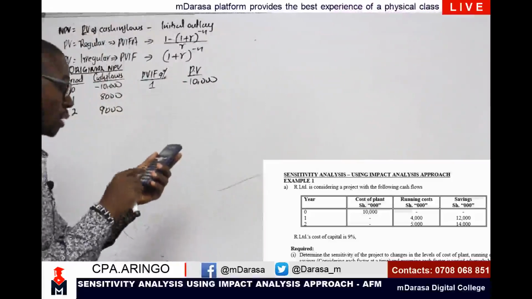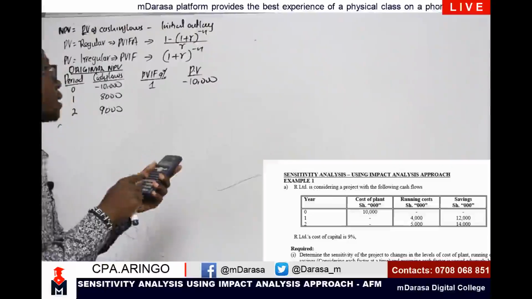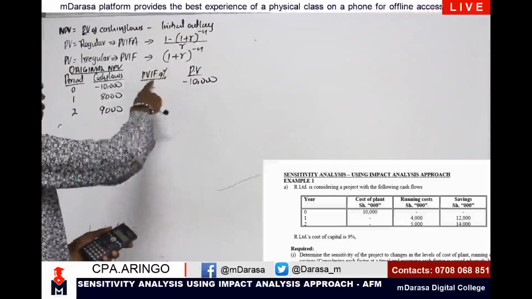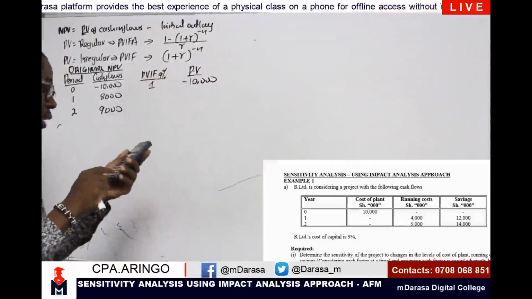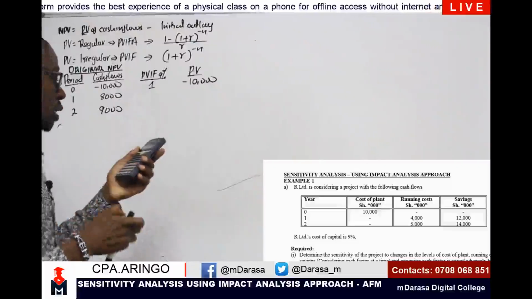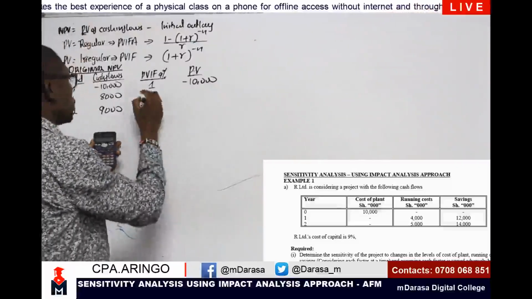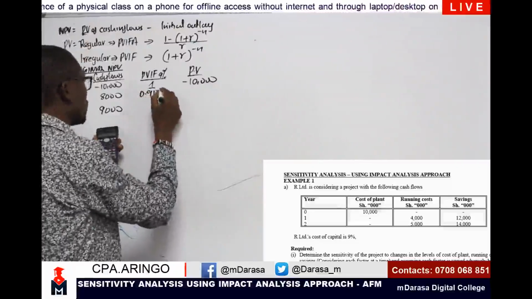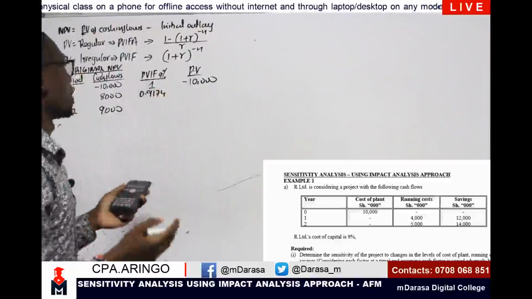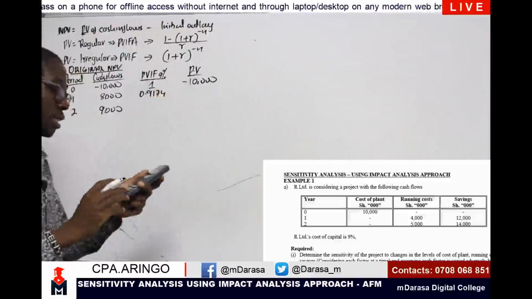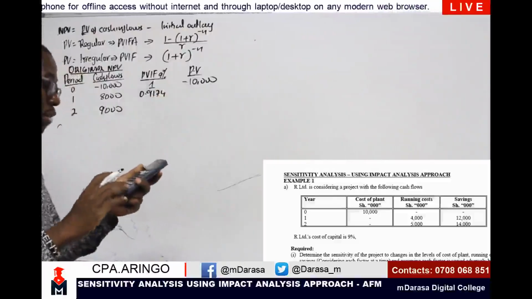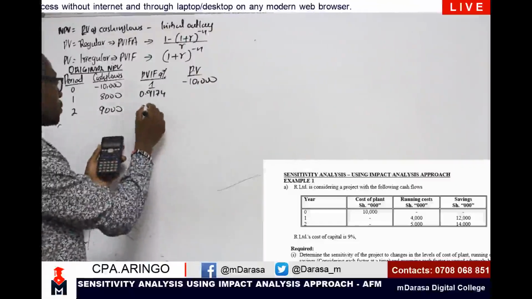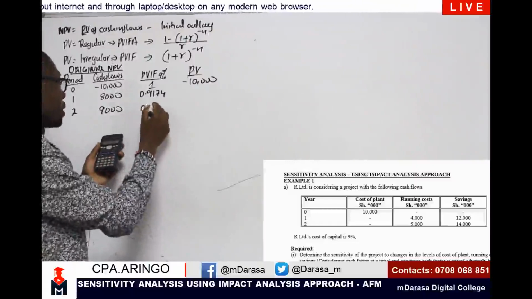I'm taking 1.09, because ideally here it is 1 plus 0.09, raised to power negative 1, which in this case gives 0.9174, right? To determine year 2, I'll just take it simple. I'll take my answer here, divide by 1.09, which in this case should give us 0.8417.